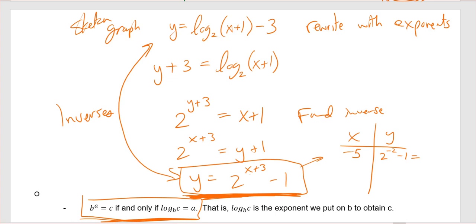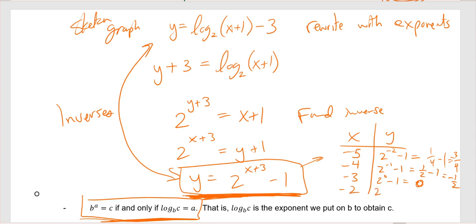So that's 1/4 minus 1, so -3/4. Okay, if I put in -4, we would have 2 to the -1 minus 1, so that's 1/2 minus 1, so that's -1/2. If I put in -3, we would have 2 to the 0 minus 1, so that's 1 minus 1 is 0.